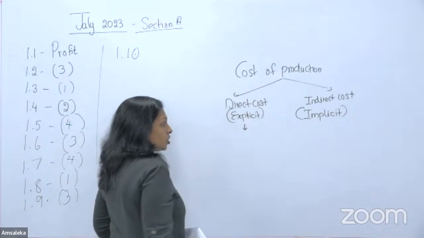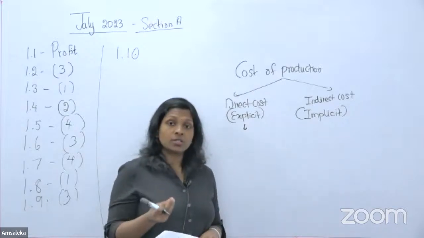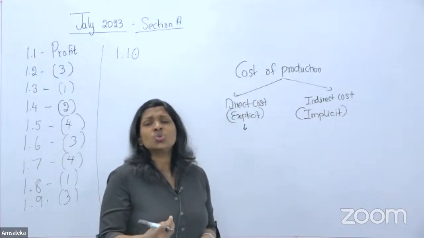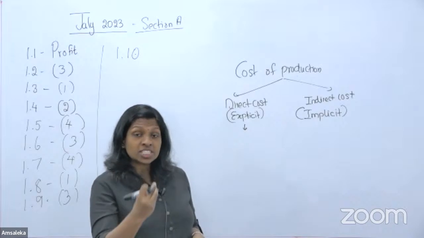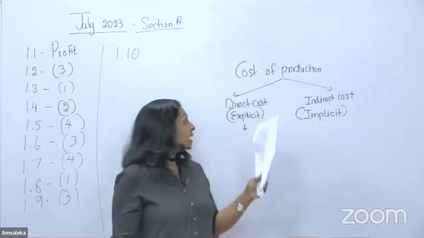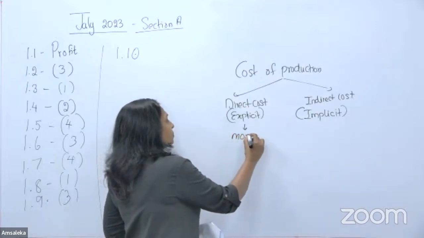So what is the meaning of cost? Whatever you sacrifice to do the production process effectively. Under direct cost, you sacrifice money.